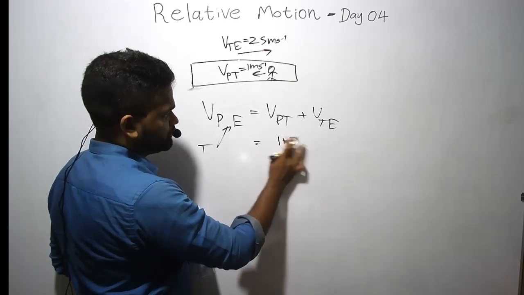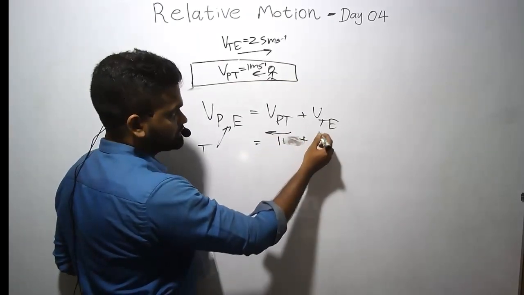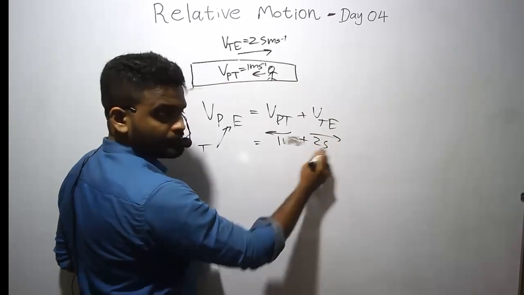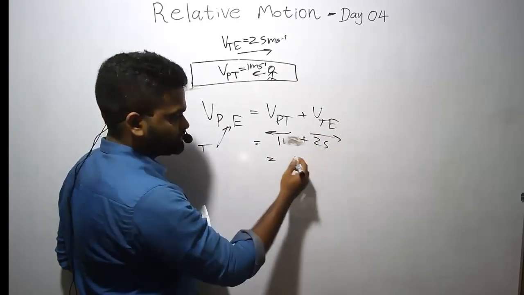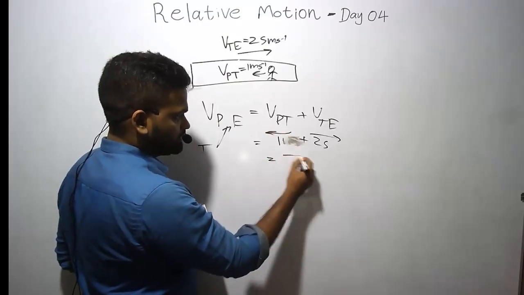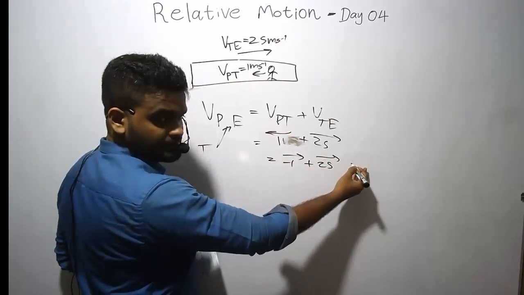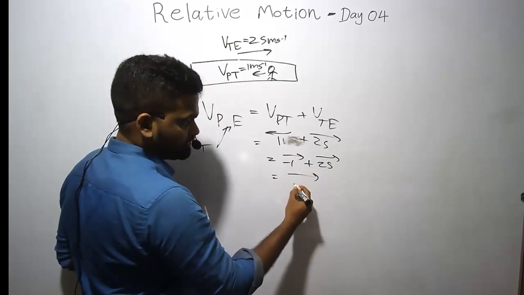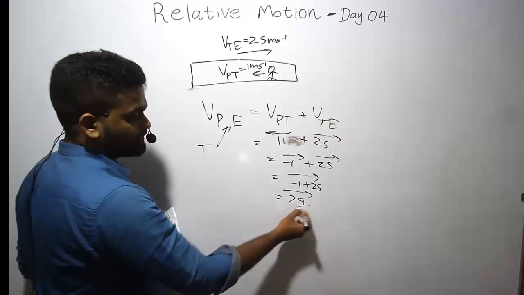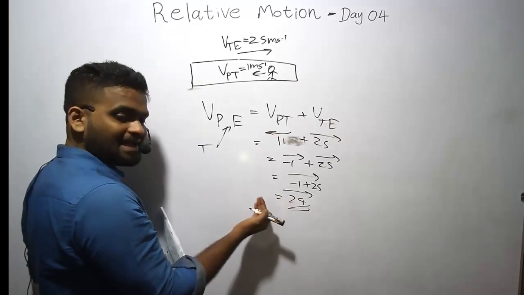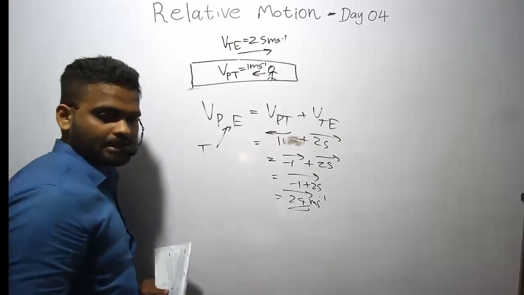Substitute with the directions, 1 to this side, plus VTE 25 to this direction. To simplify, everything should be in the same direction. Flip the direction and it becomes -1 plus 25 this direction. So to the same side, what do you get? -1 plus 25, what do you get? 24 to this direction. So relative to Earth, passenger moves 24 meters per second. Yeah, the correct answer, 24.